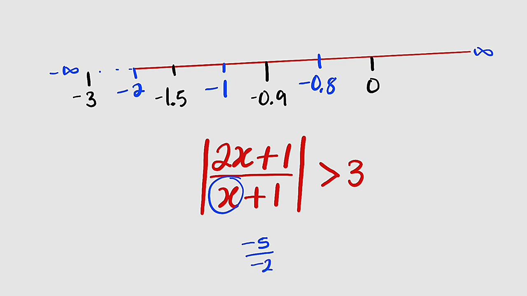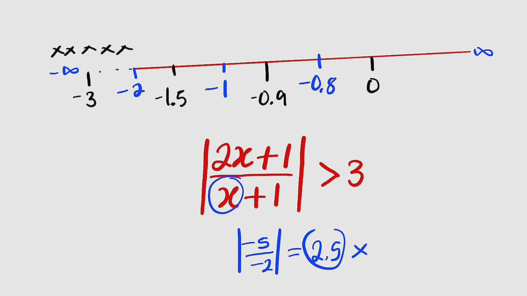But remember, we still have absolute value. This will be equal to positive 2.5. And 2.5 is not greater than 3. So this will not satisfy. What does this imply? It implies that from negative infinity down to negative 2, no value will satisfy.